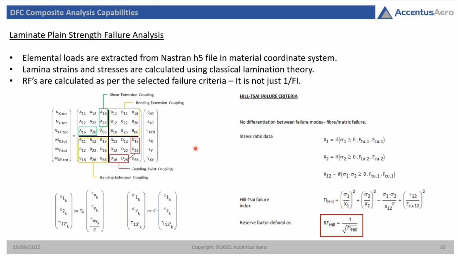The standard output in Nastran gives you a failure index. Just note that the RF is not just 1 over the failure index. Depending on the failure criteria that you use, for example, Hill, your actual RF is calculated like this. So the way to calculate an RF depends on the failure criteria that you use for your analysis.